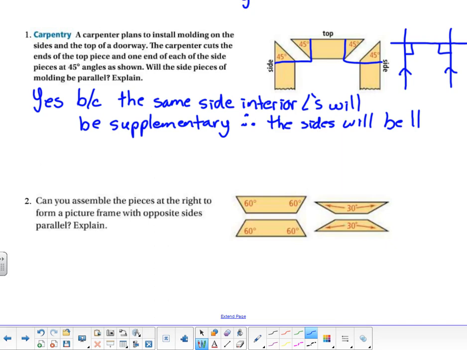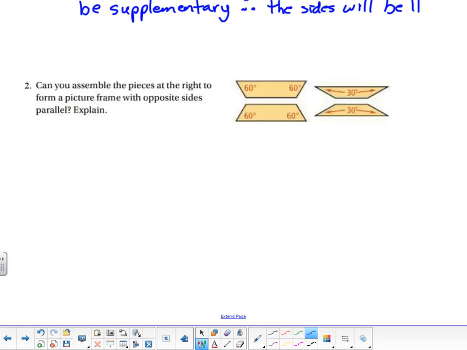Okay, so now one more question. Can you assemble the pieces at the right to form a picture frame with opposite sides parallel? Explain. Okay, well, here's how we want to do this.